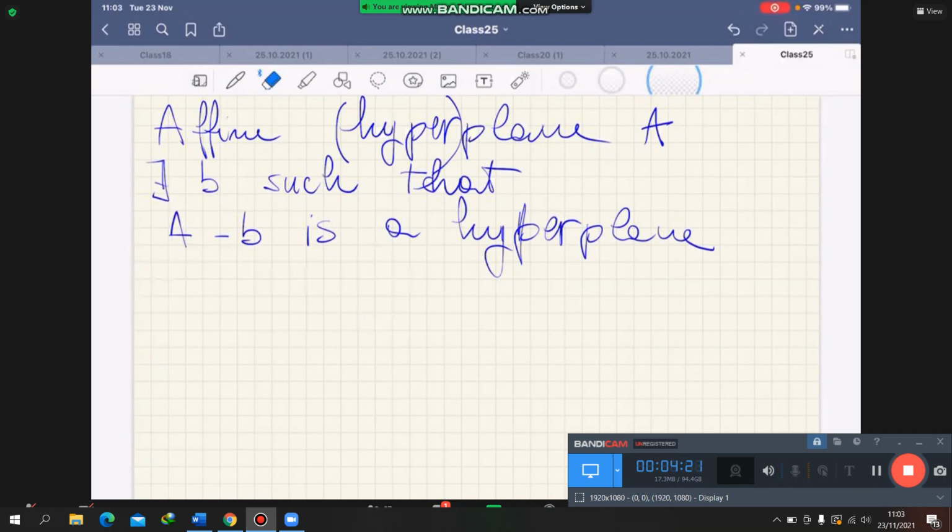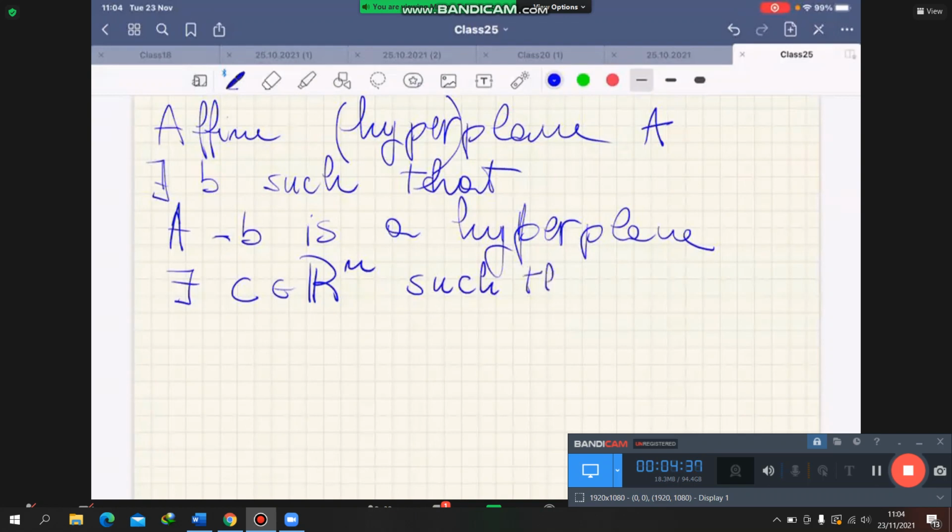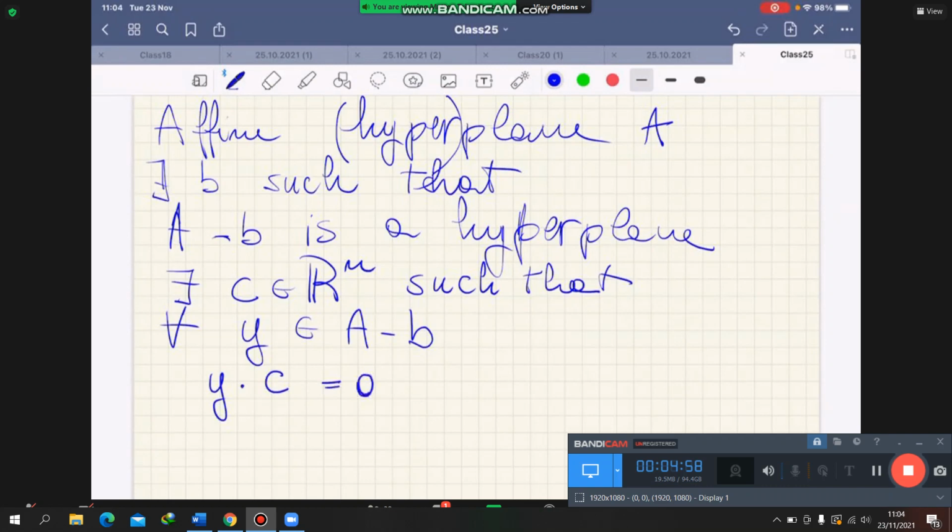There exists c in R^n such that for all y in A minus b, the inner product of y and c is equal to 0.